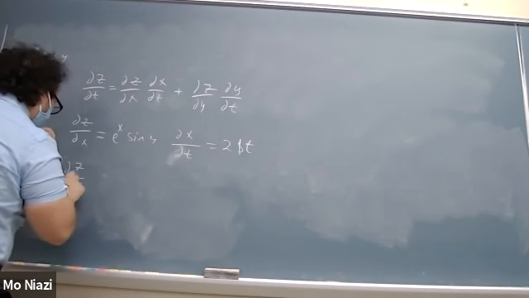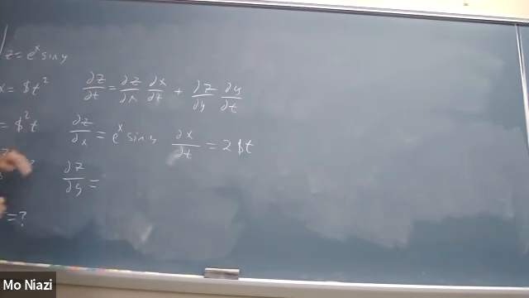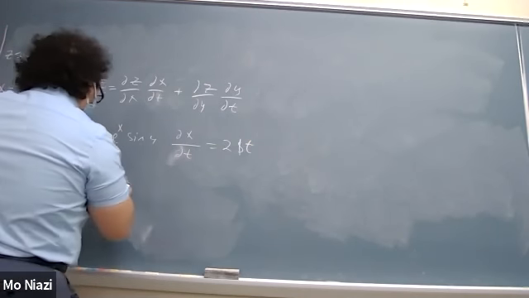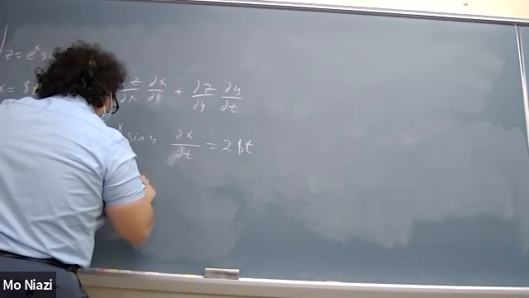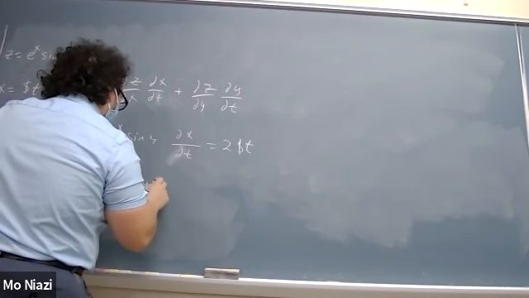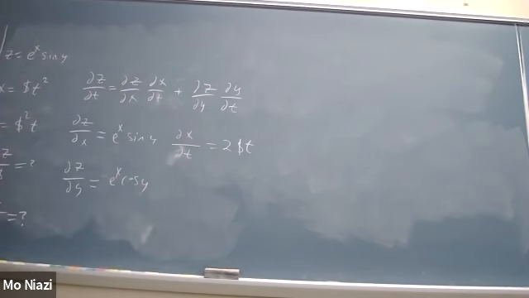Partial z, partial y is taking partial y of this. Derivative of sine is cosine. Partial y of y, which is 1.